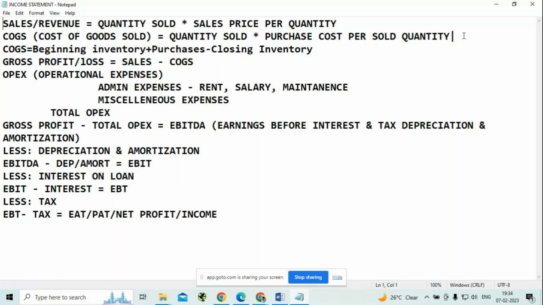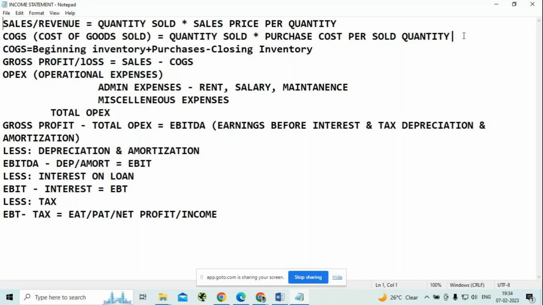So when I sell 600 quantity, let me assume we keep a margin of 5 rupees and sell at 25 rupees. Now the sales revenue we earned is 600 into 25.